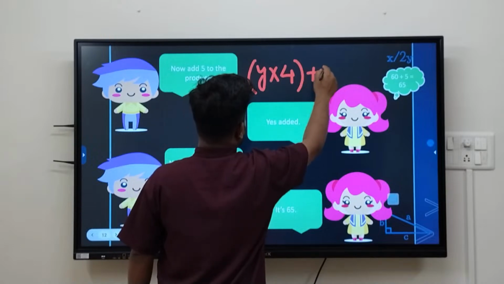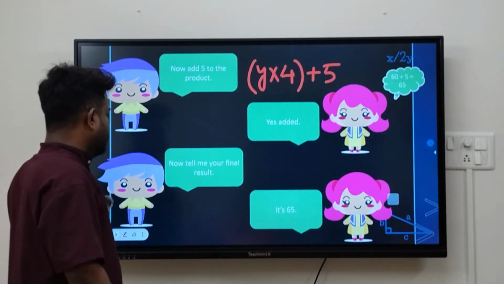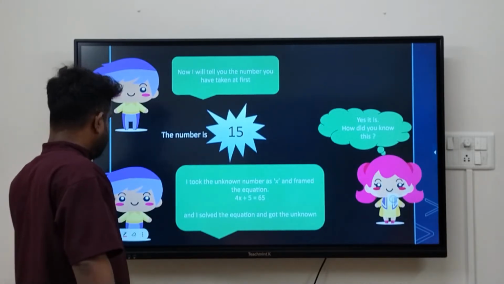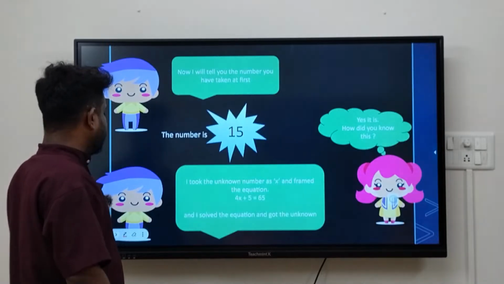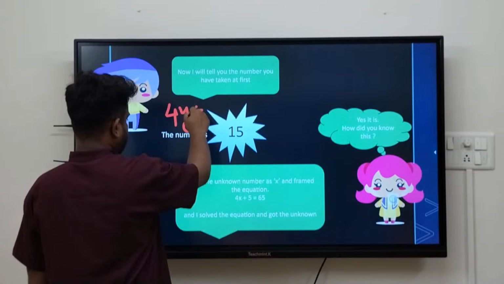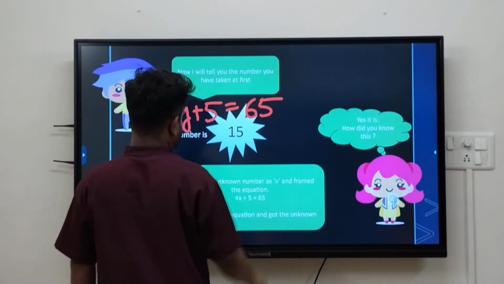Then add 5 to the product. I am adding it, and the result is 65. So we can write it as 4y plus 5 equals 65.